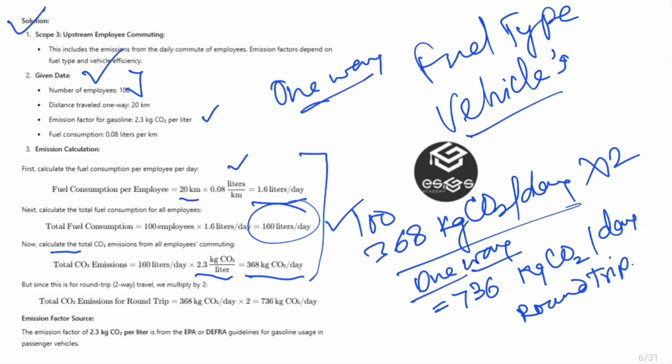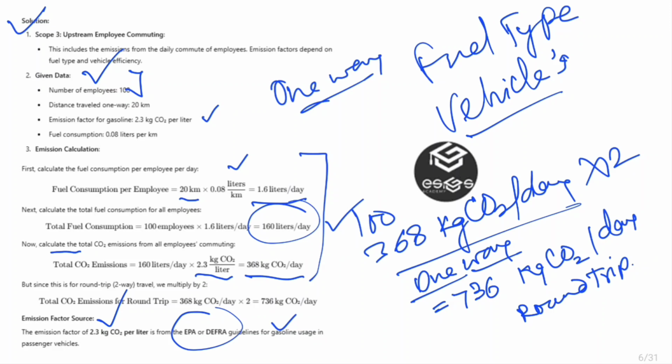This emission factor has been sourced from, we can refer to these websites, EPA, Environmental Protection Agency from US, and DEFRA from UK. So this is about gasoline use in passenger vehicles. I hope you like the example.